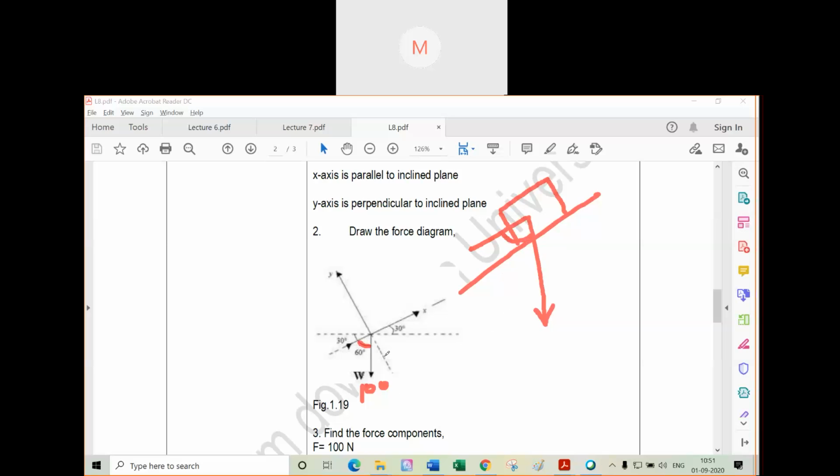So this is the x part and this is the y part. Now if it is here 100, what will this be? Cos or sine? What will this be? Cos or sine?